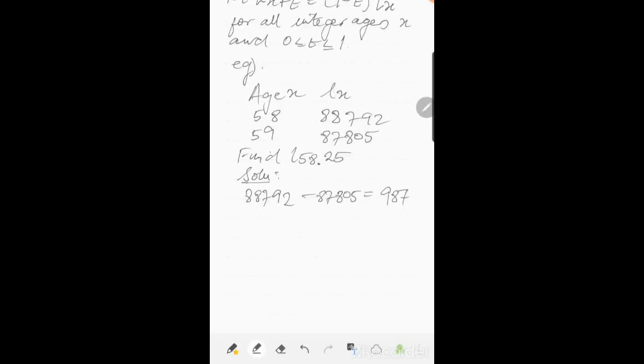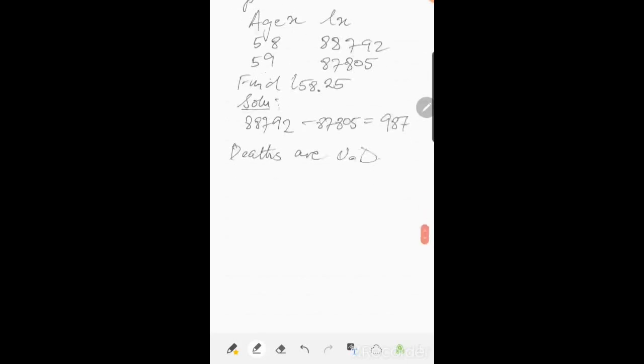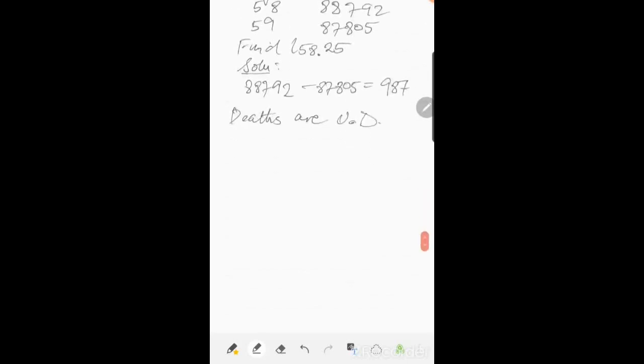Yes, that's correct. In this case we have the assumption that the deaths are uniformly distributed, UD, and we have 0.25, which is the same as 1/4.